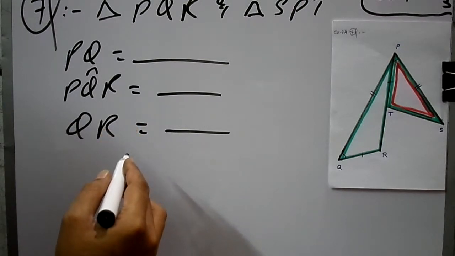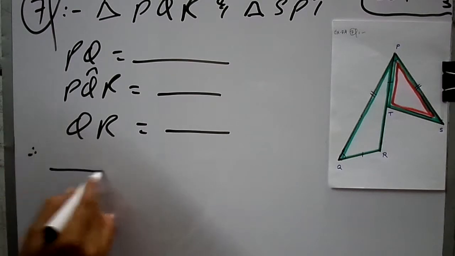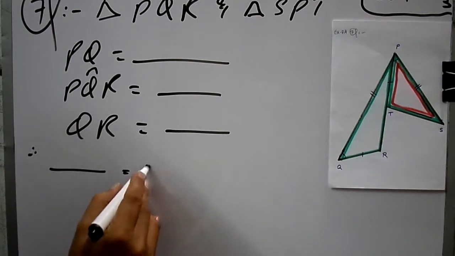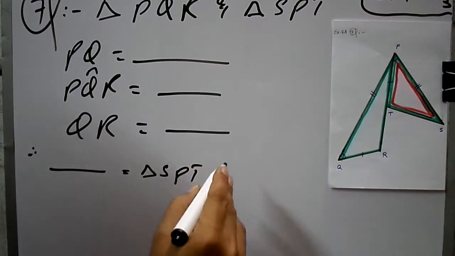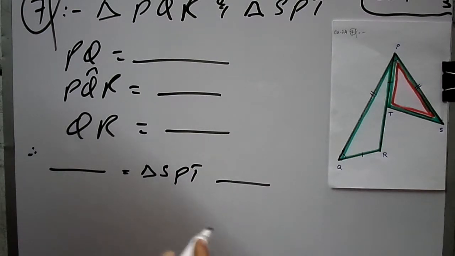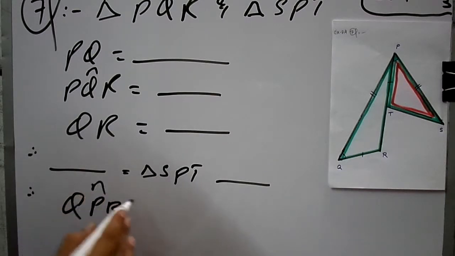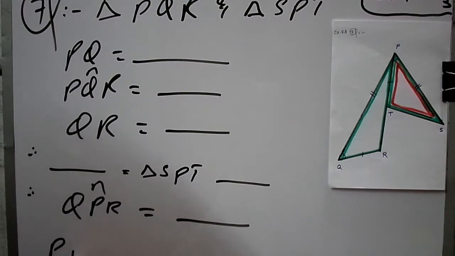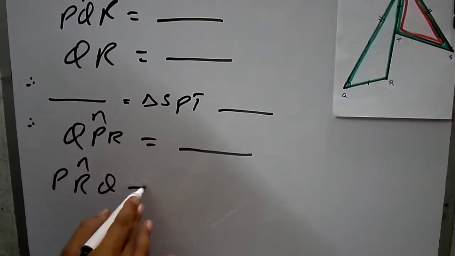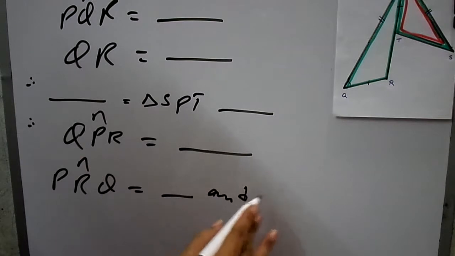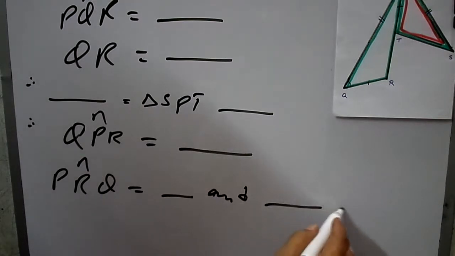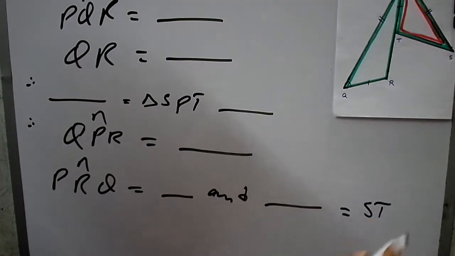Therefore, filling the blanks, triangle PQR is congruent to triangle SPT. Once again, angle QPR is equal to, and similarly angle Q is equal to, and PR is equal to ST.